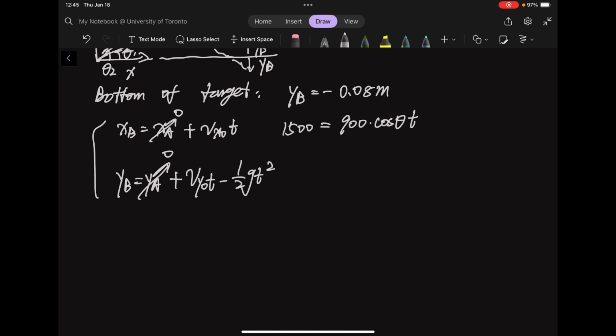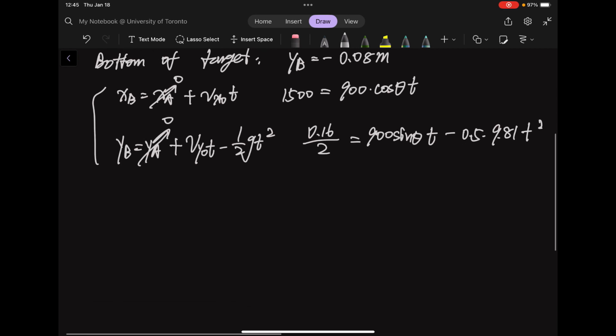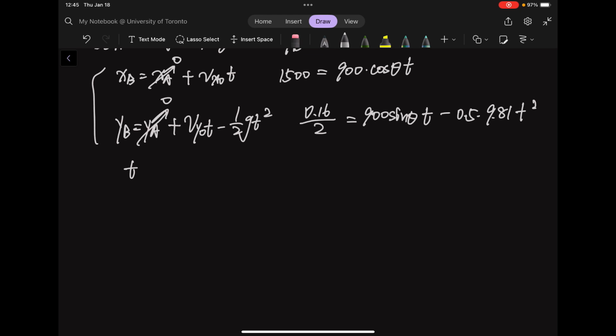Right here the acceleration is just the gravity, so we can just put this negative standard gravity right here. So we have 0.16 over 2 is equal to 900 sine theta t minus 0.5 times 9.81 t square.